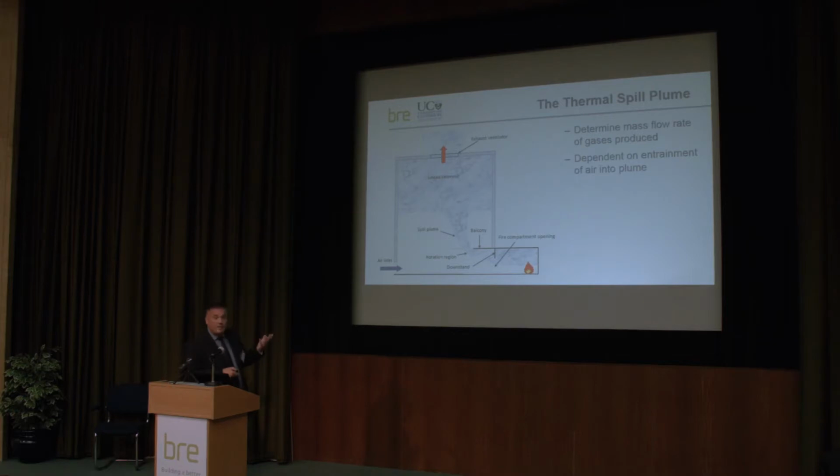A smoke layer forms within that unit itself, flows horizontally, perhaps underneath a downstand, perhaps then beyond a balcony, and then spills and rotates at what we call the spill edge here, and rises as a plume, entraining air, and then either forming a smoke layer which may be exhausted, or there may be smoke filling. The key here really is the amount of entrainment that occurs into the plume as it rises. For all of those methods that I described earlier, you would normally determine the mass flow rate in that plume, and that is dependent on the amount of entrainment.